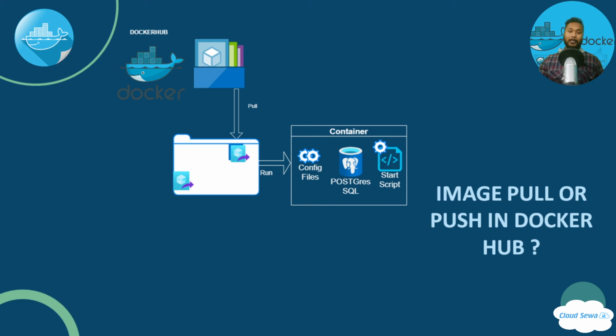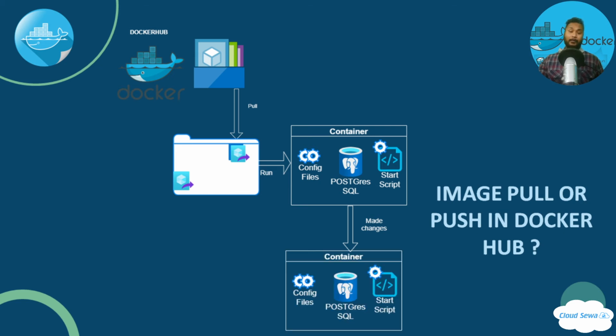So let's say we have the container with the config files, a Postgres SQL and a start script. We use the services of that container, and you make certain changes to that container, and the changed container, your custom container, can also be created as a custom image.